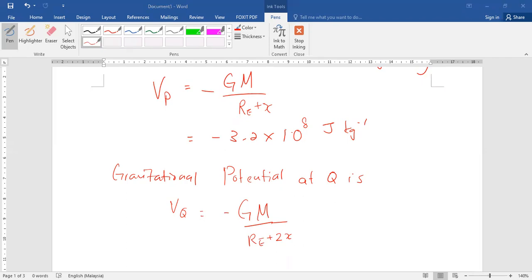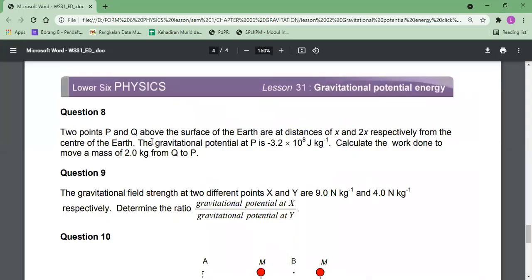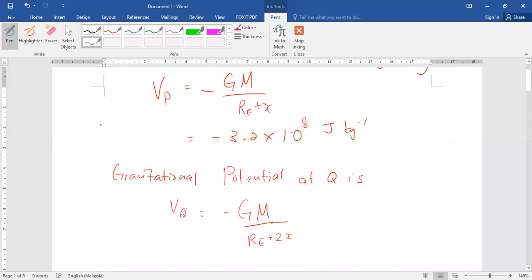Let's go back to the question. We analyze the question a while. Two points P and Q above the surface of the Earth are at a distance of x and 2x respectively from the center of the Earth. Okay, let's look at the question first.